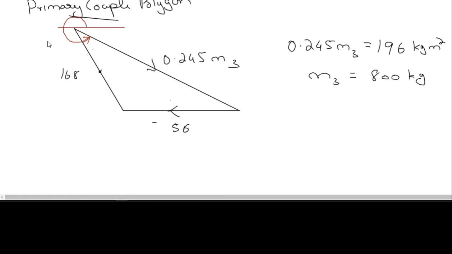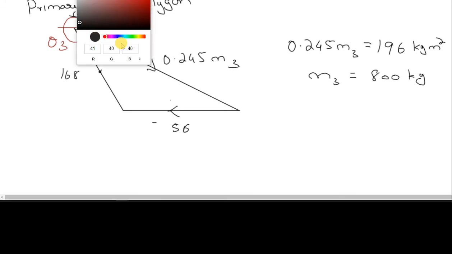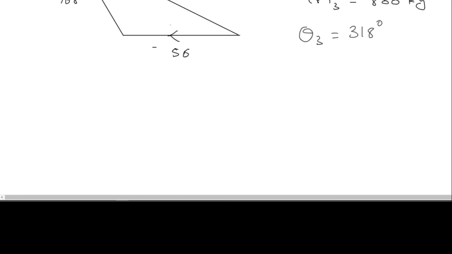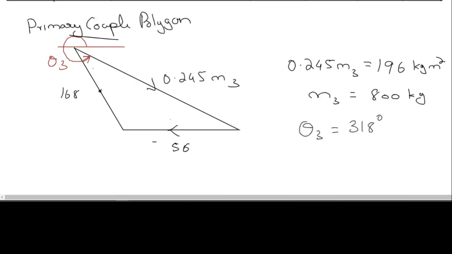This will be theta 3, and if you draw it according to scale with good accuracy, you will get theta 3 is equal to 318 degree. So that is the primary force, primary couple polygon, and you got M3.